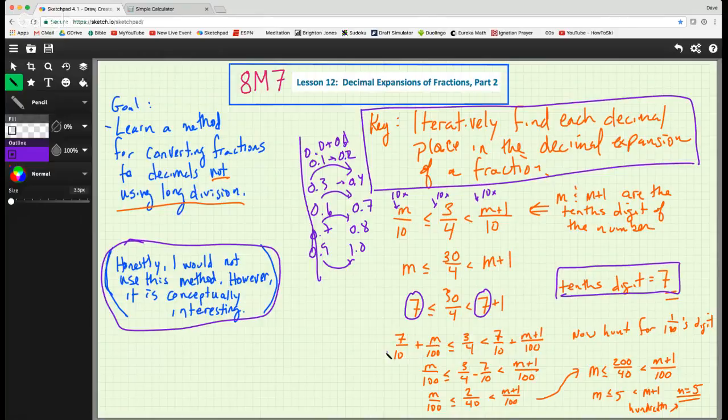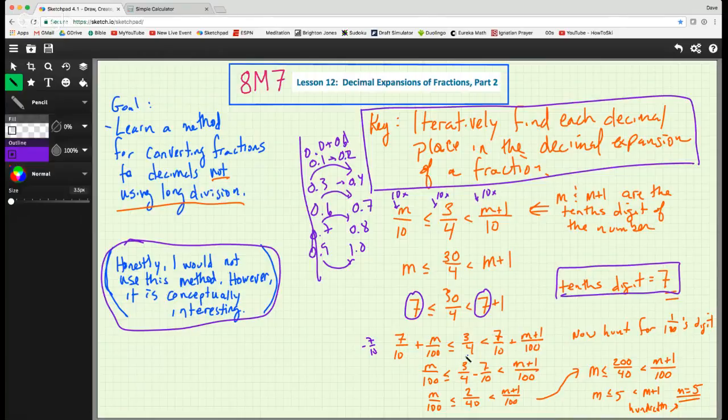If we subtract 7/10 from here, we get just m over 100. If we subtract 7/10 from the thing on the right, we get m plus 1 over 100. And if we subtract 7/10 from the thing in the middle, we get 3/4 minus 7/10.